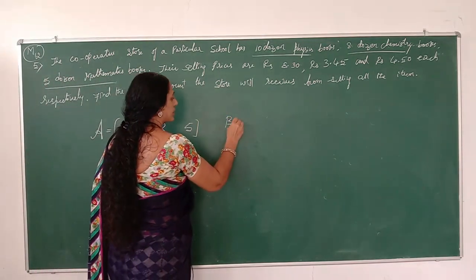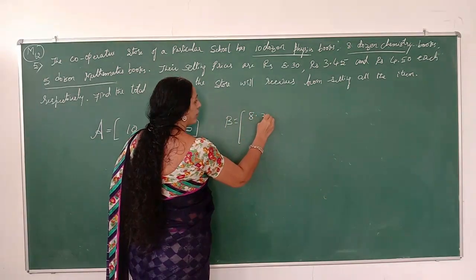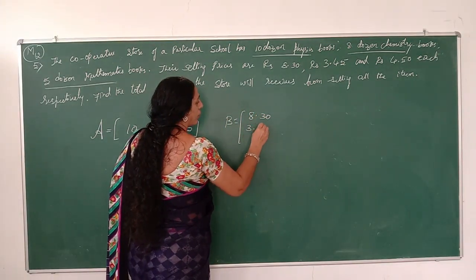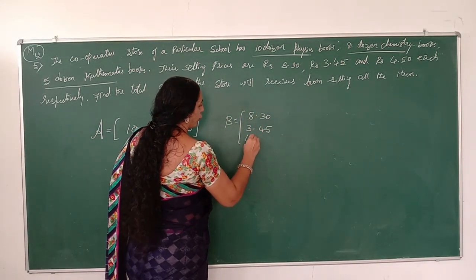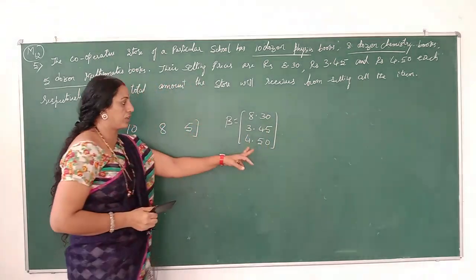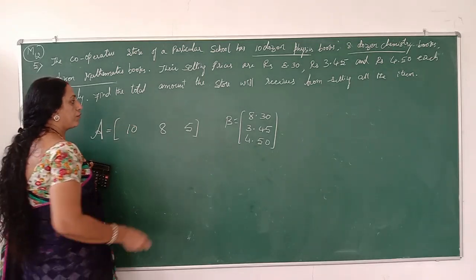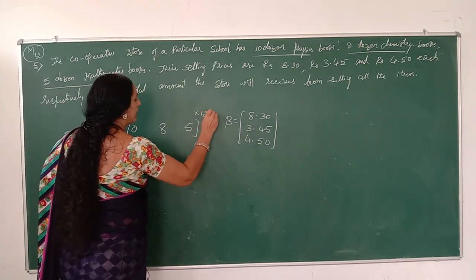And B represents the corresponding prices of each book: 8.30, 3.45 and 4.50. But matrix A is represented in the form of dozens. Therefore, first it will be converted into each.